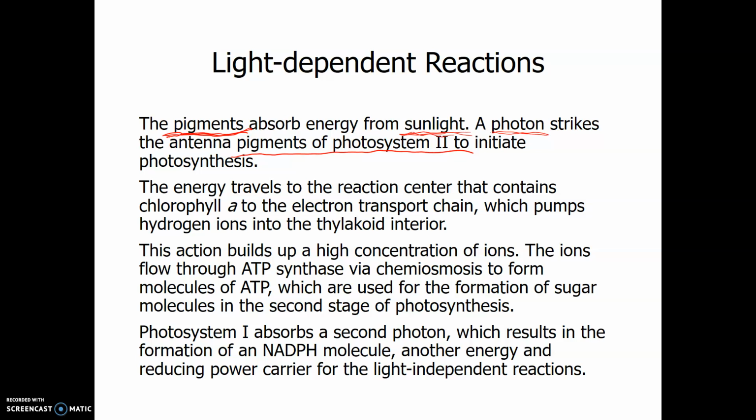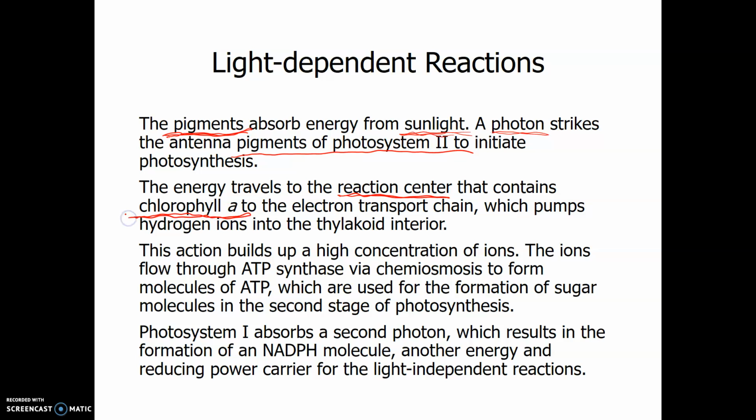There are 2 photosystems within a chloroplast. Photosystem 2 comes first, and then photosystem 1. So the first thing that happens is a photon of light strikes the antenna pigments of photosystem 2, and photosynthesis is initiated. The energy bounces around from pigment to pigment within that antenna complex until it reaches a reaction center that contains a chlorophyll A molecule.